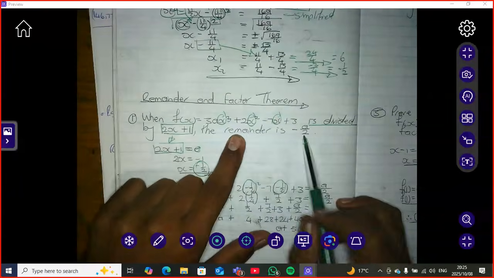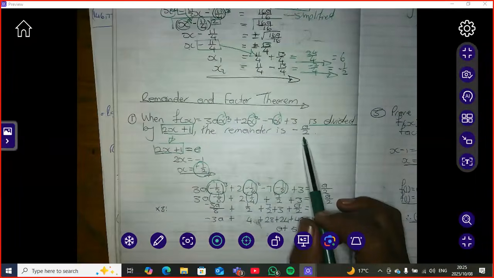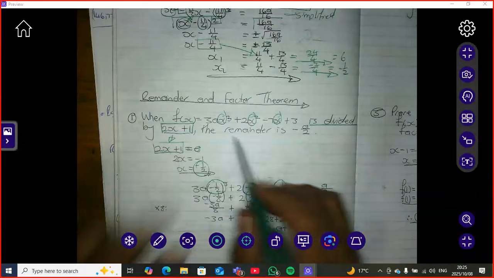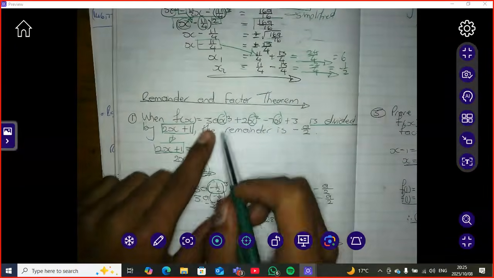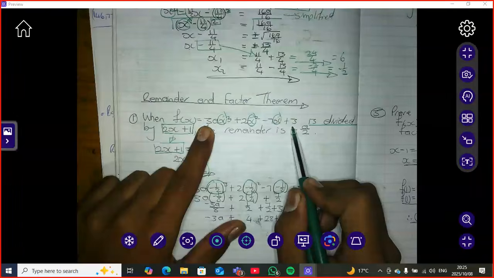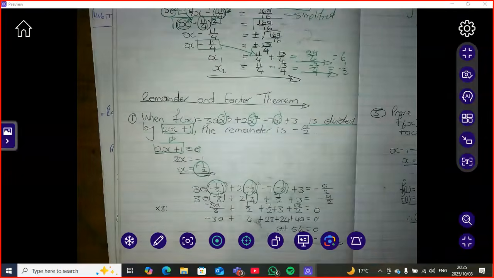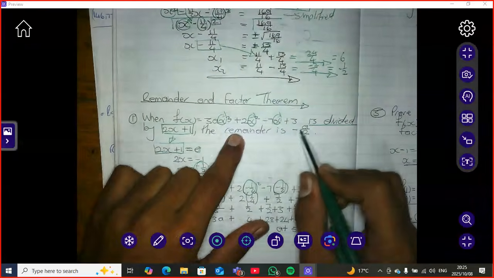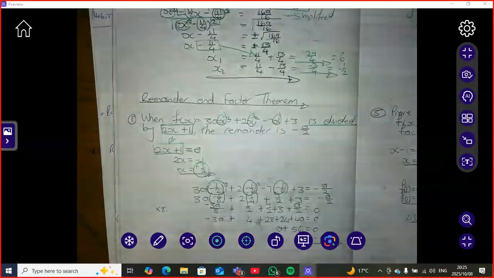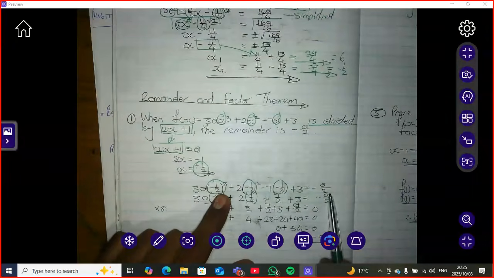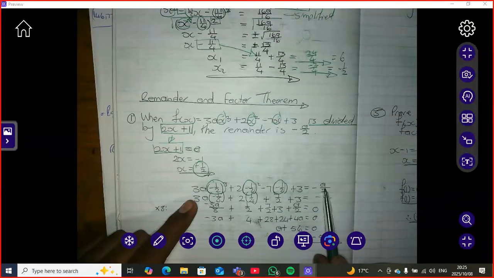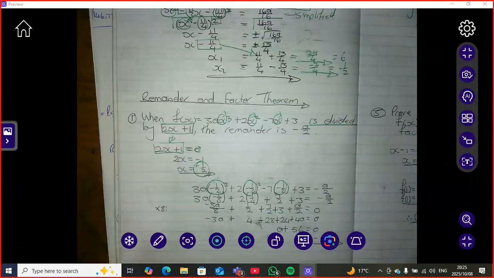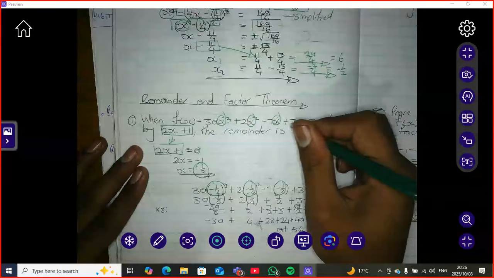What the remainder means is that this equation is equal to the remainder. That's why I wrote it like this: the equation equal to the remainder. Very, very straightforward.